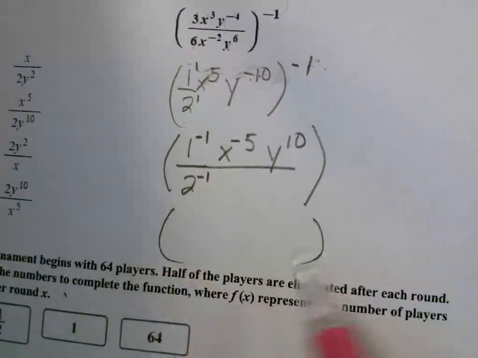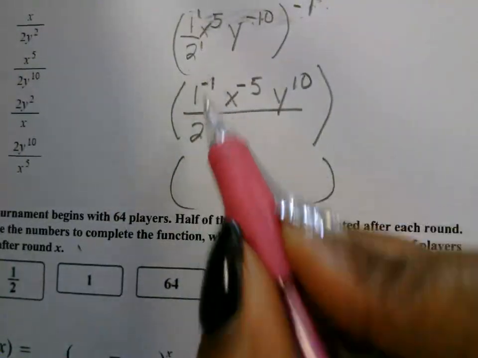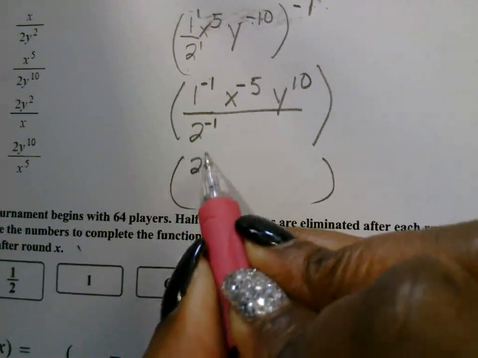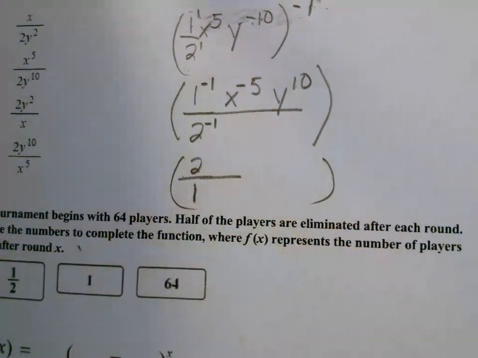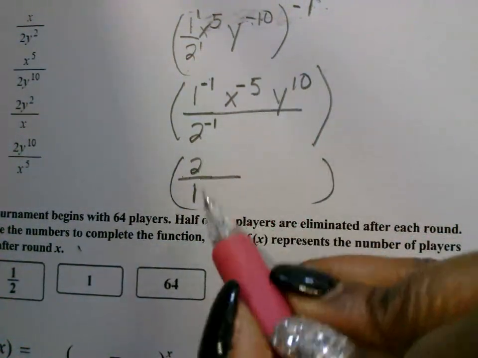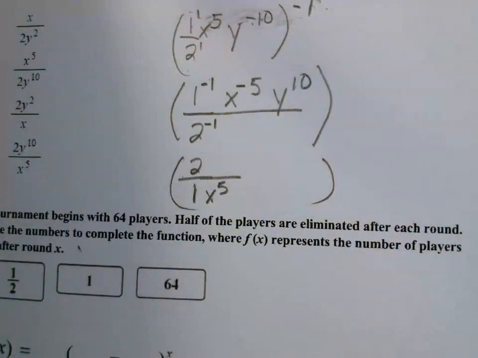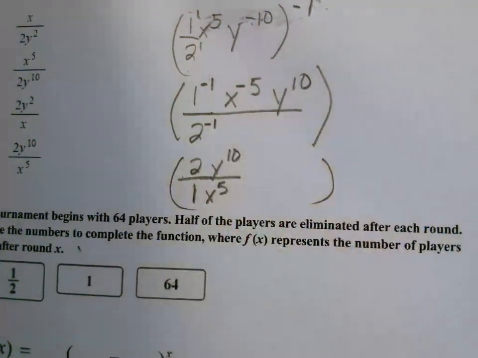All right, so let's do this. I'm going to keep going this way. I'm going to move this to the top and this to the bottom to make them positive. So we got positive 2 to the first power on the top and positive 1 on the bottom. Move this down to the bottom to make it a positive exponent. That's positive now 5. And keep this on the top because it's already positive. So this is 10.